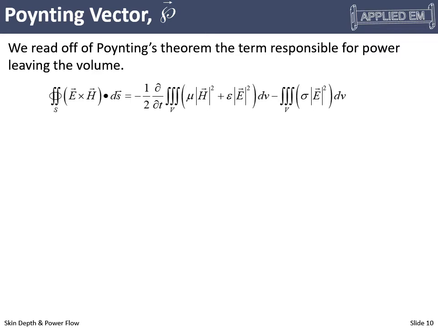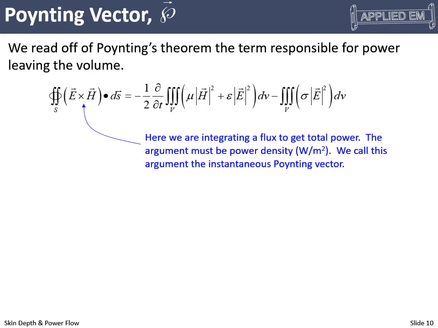So from Poynting's theorem, we look at this one term that we know is responsible for power coming into and out of our closed system. But what we see is this interesting cross product of E and H that we haven't seen before. Well, we're doing an integration here, and anytime we integrate something, a lot of times that thing that we're integrating we can interpret as a density.